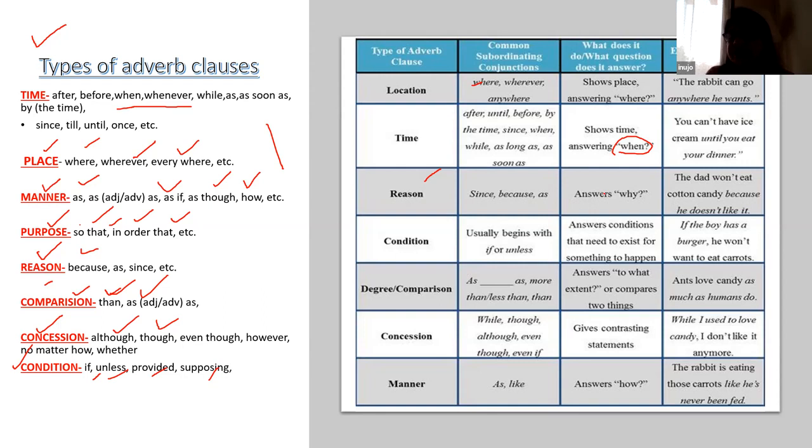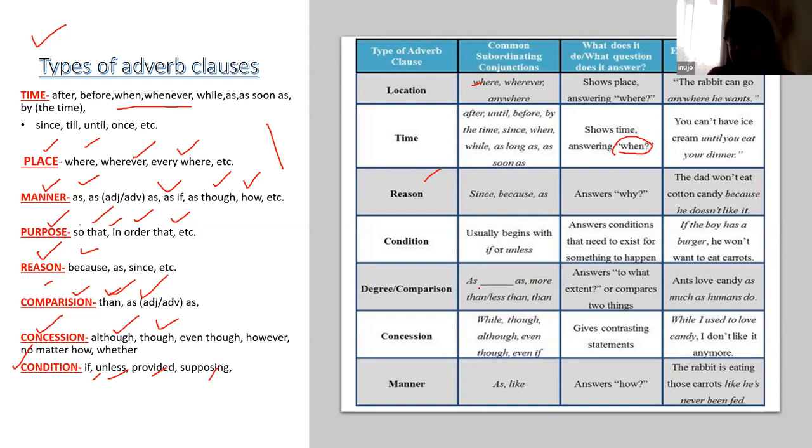Okay, and condition will tell you why it happened. Or sorry, condition means there is a prerequisite or requirement, and if that condition is fulfilled, then the other thing will happen. So that is when you use adverb clause of condition. For comparison, like I said, as dash as you can use, or more than, less than.